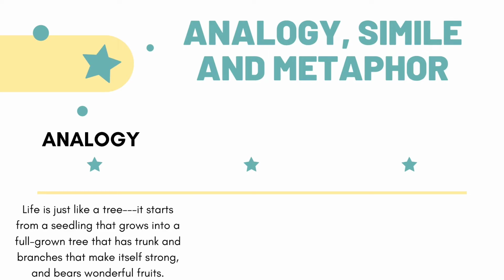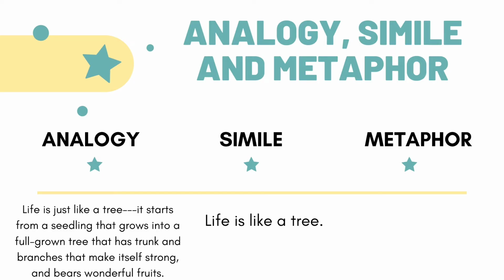As you see, life is compared to a tree and was justified through analogy. For simile, life is like a tree. Life is compared to a tree using the word like. And lastly, for metaphor, life is a tree.